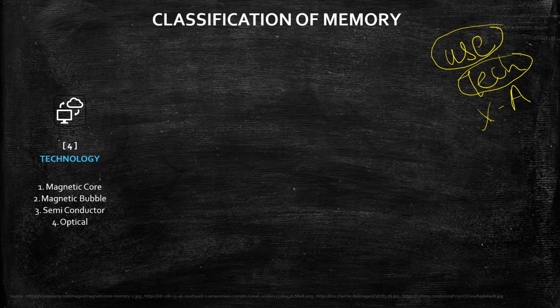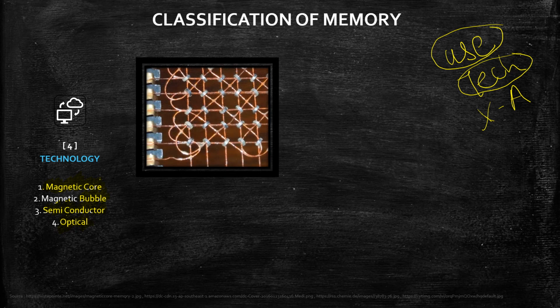Based on the technology, there are four technologies in total. First is the magnetic core technology, second is the magnetic bubble technology, third is the semiconductor memory. Semiconductor is the most widely used technology. And the last one is optical. So these are the different technologies, and based on them we have different memories. This is just an image to show what magnetic core memory, or technology, looks like.